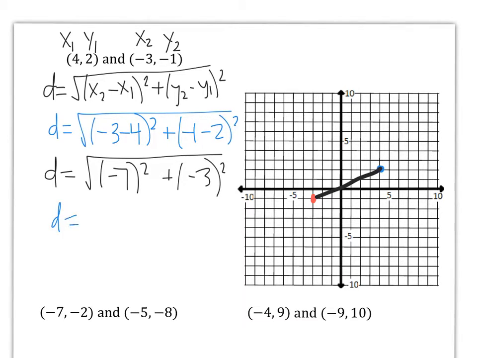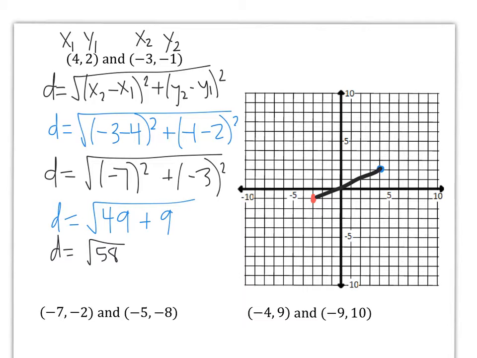And then negative 7 squared is 49. Negative 3 squared is 9. So the distance equals the square root of 58, and we can approximate that. The square root of 58 would be between 7 and 8, right? Because 7 squared is 49, and 8 squared is 64.